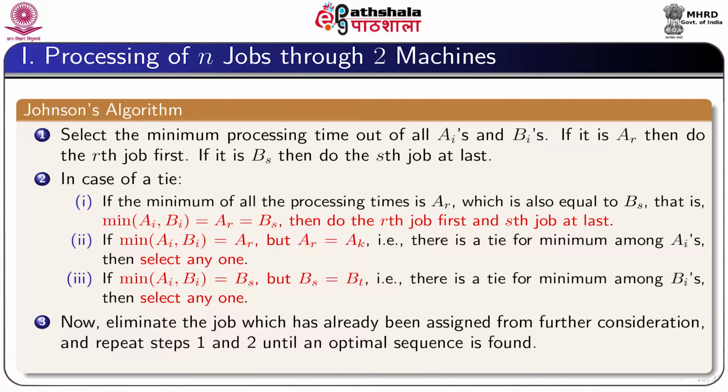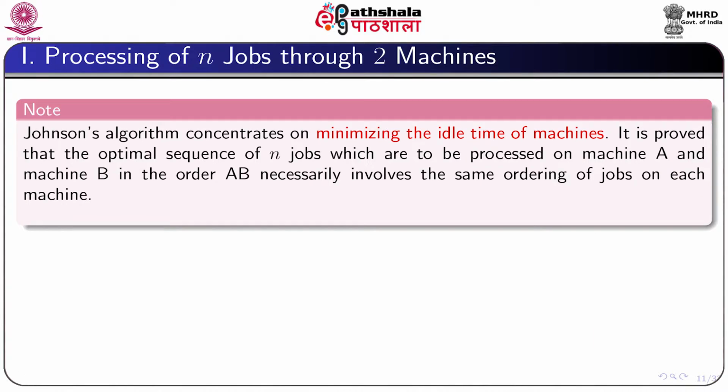Step 3. Now, eliminate the job which has already been assigned from further consideration and repeat steps 1 and 2 until an optimal sequence is found. Johnson's algorithm concentrates on minimizing the idle time of machine.